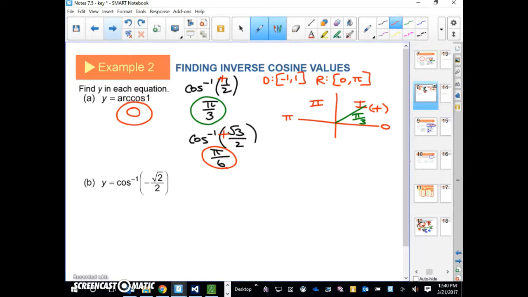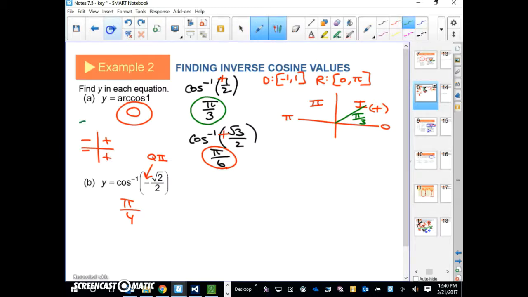Inverse cosine of negative square root of 2 over 2. You can get the what from the chart really easy. We know that has to do with the pi over 4, right? Straight from the chart. However, this negative indicates that we are in quadrant 2. We know that cosine is negative on the left side. Normally we have cosine is positive over here and negative over here.